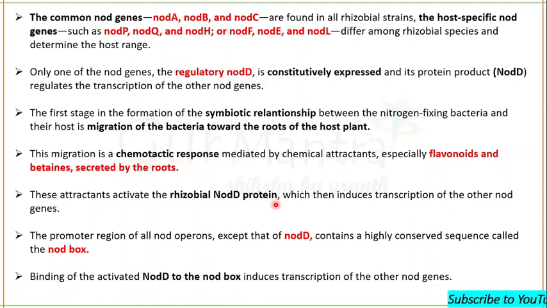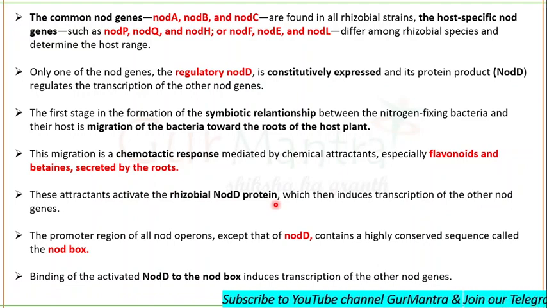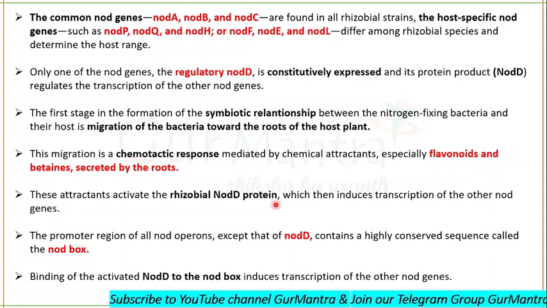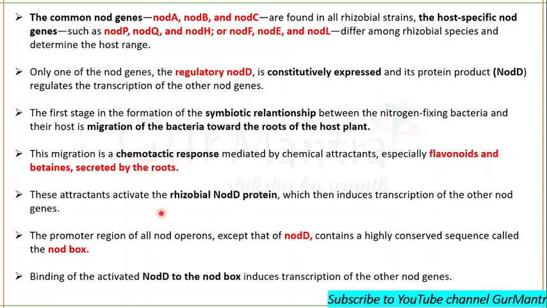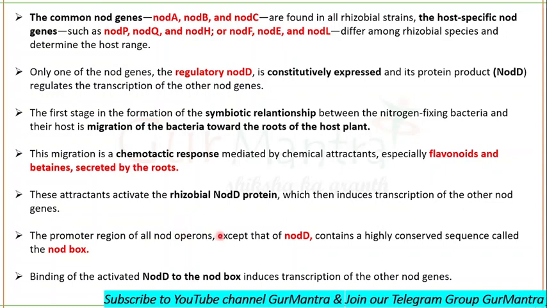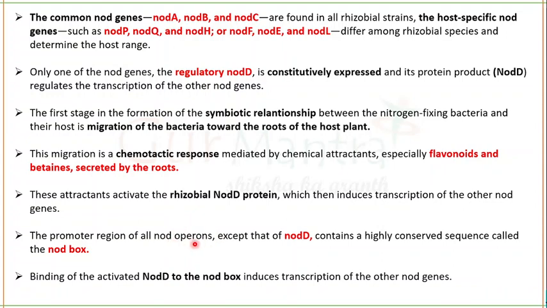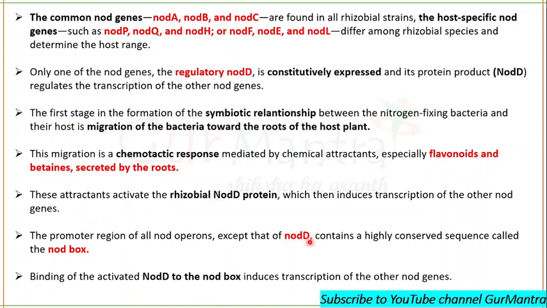NodD proteins are the product of regulatory nodulation genes. These proteins get activated and induce the transcription of all other nod genes. Mainly, all these nod genes contain the nod box in their promoter region, but not the nodulation D protein.